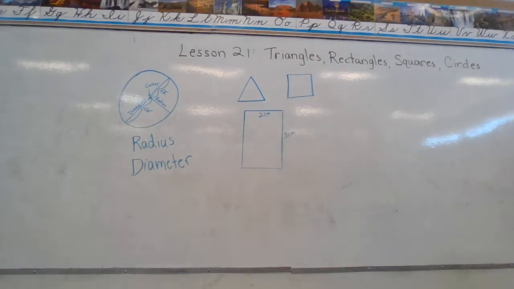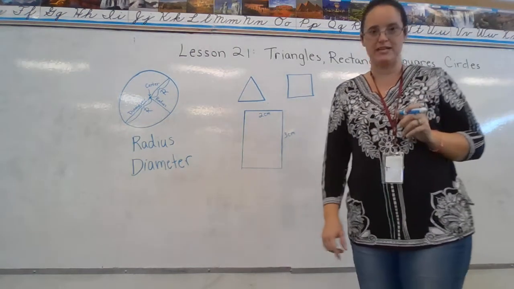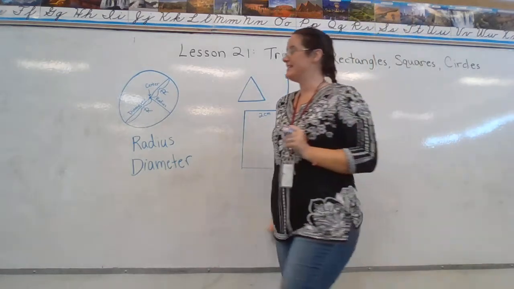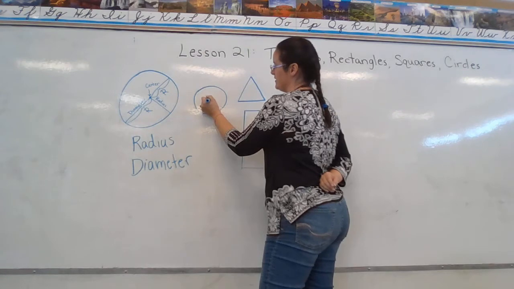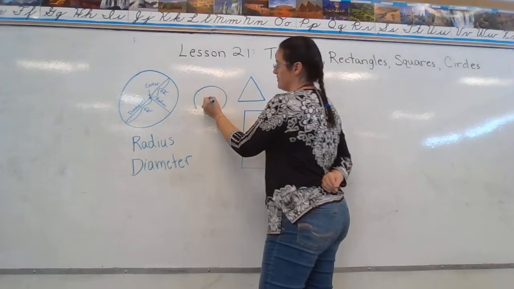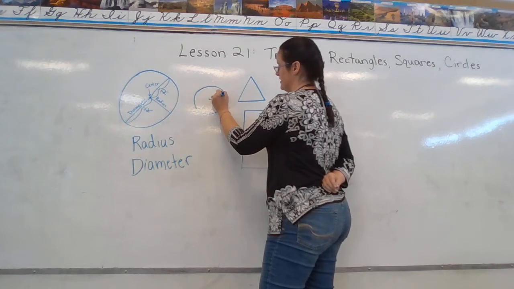All right, so this question says, if the radius of a circle is 2 centimeters, then what is the diameter? So here's my circle, here's my center. Remember, the radius is from the center to the edge of the circle, so that's 2 centimeters.